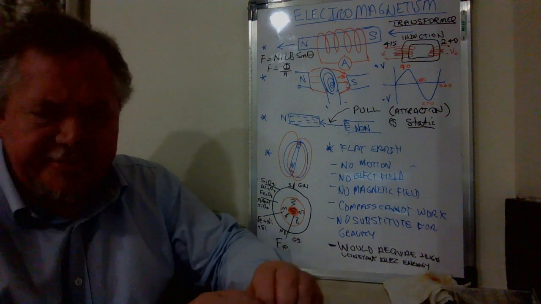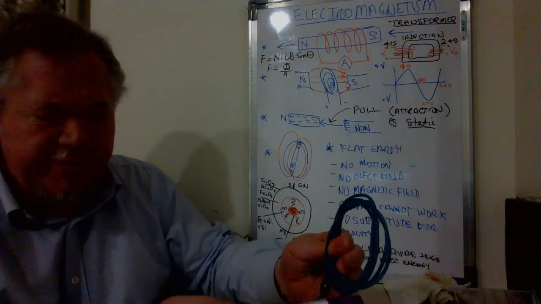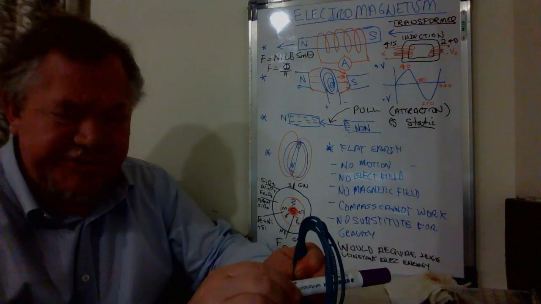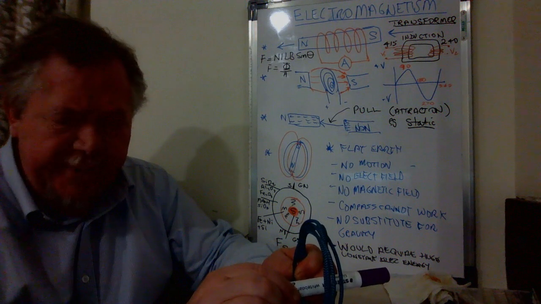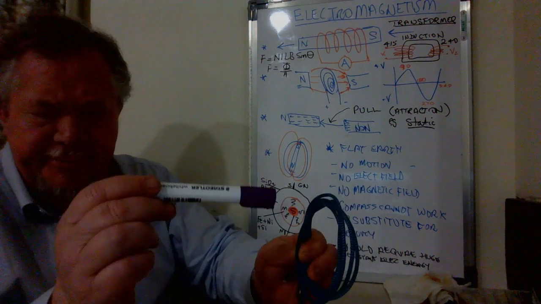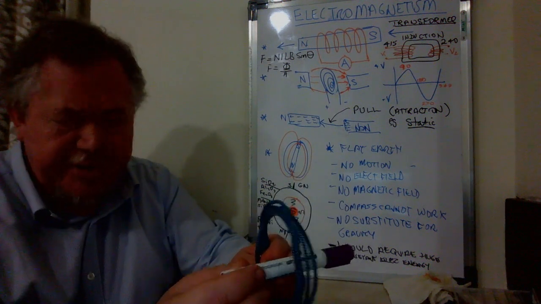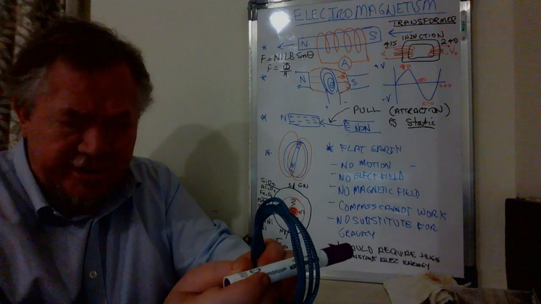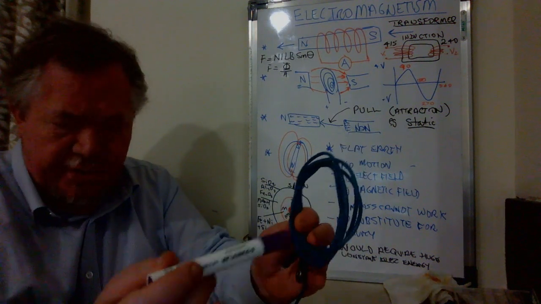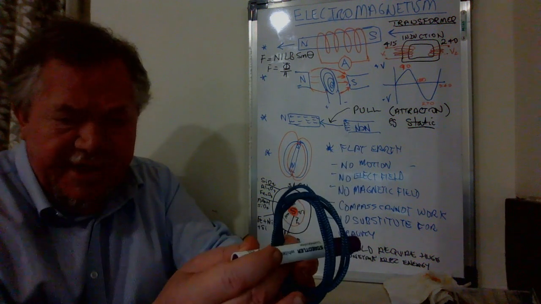If you want to create a magnet, then again you can wrap a coil around a normal non-magnetic bar of, say, steel or iron. So if this was an iron bar, and I wrapped a coil around it, just like this, and put some electricity through this coil, this will become a magnet.